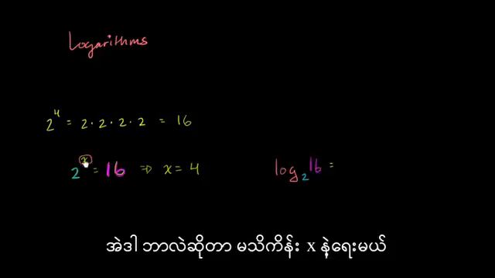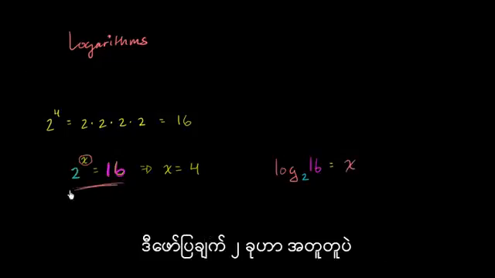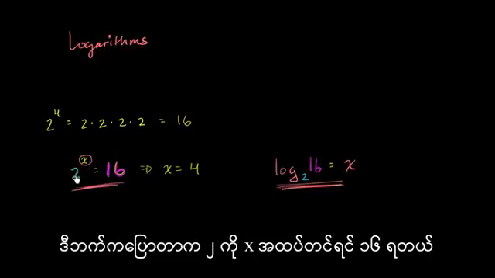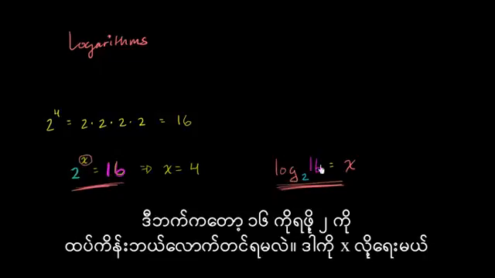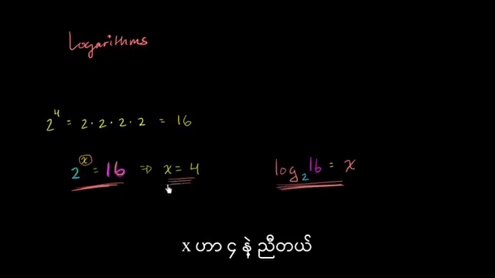Or in this case, since we have the x there, is equal to x. This and this are completely equivalent statements. This is saying, if I take 2 to some x power, I get 16. This is saying, what power do I need to raise 2 to get 16? And I'm going to set that to be equal to x. And you would say, well, you have to raise it to the 4th power. Once again, x is equal to 4.